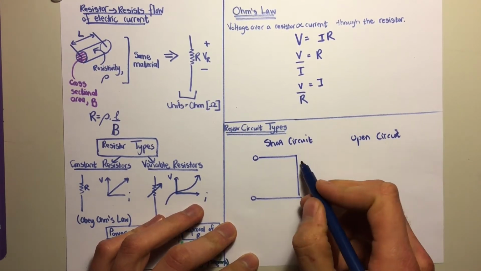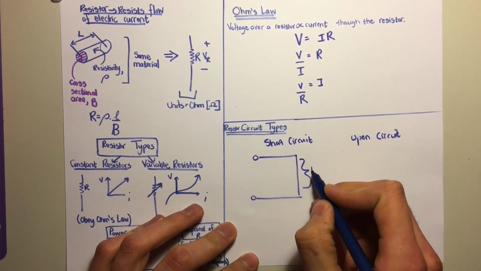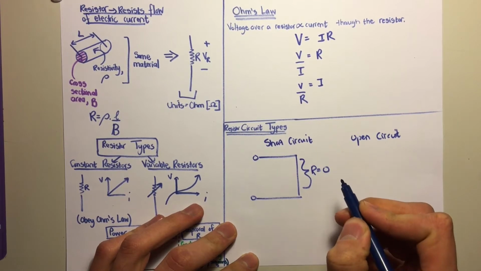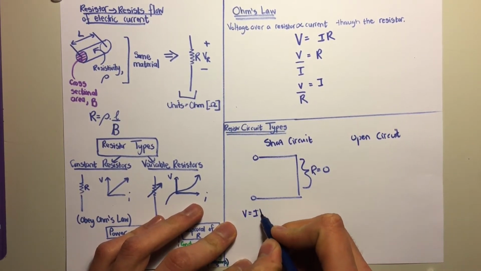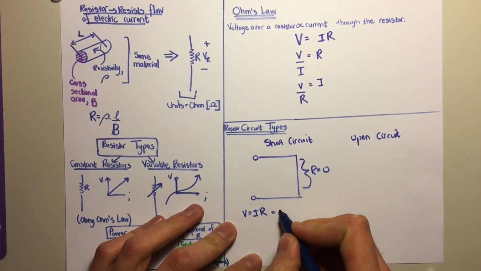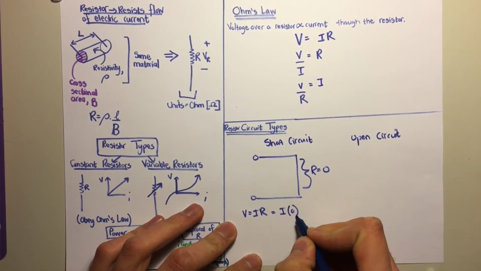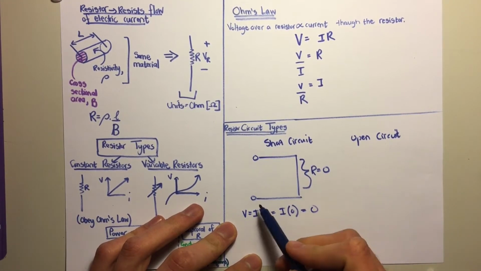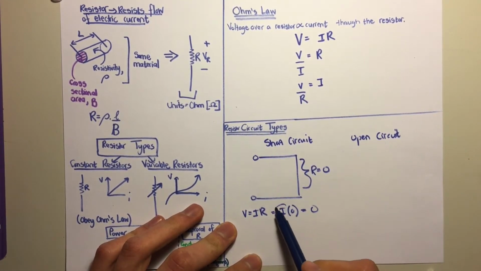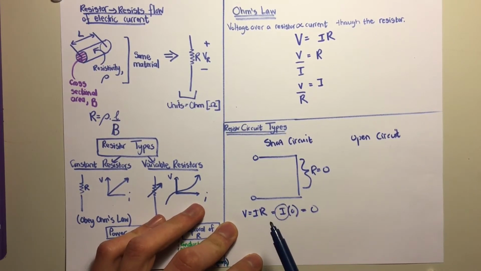So what does this imply? This implies that the resistance here is 0. So now we say, okay, well, we can look at Ohm's law, which says V equals IR. And of course, if R is 0, then your voltage is just going to be 0 there. So the current can flow freely. Current can be any value you want to make it, and it will flow straight through.